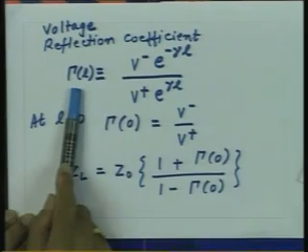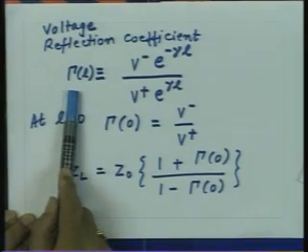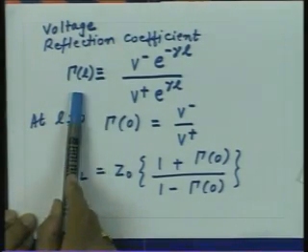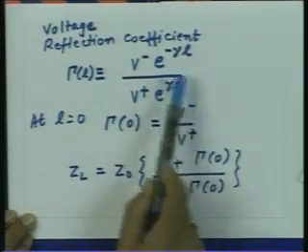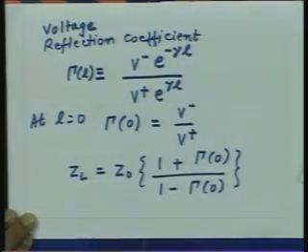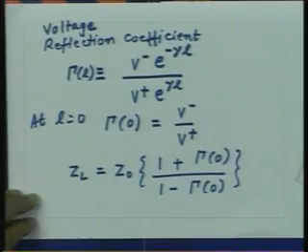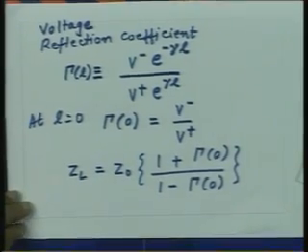And once I define this parameter, which is the reflection coefficient, then I can substitute this quantity V minus upon V plus, e to the power minus gamma upon e to the power plus gamma, in our voltage and current relation, and we can define now the voltage and current at any point on the transmission line in terms of the reflection coefficient.